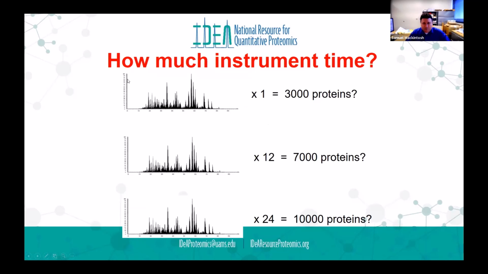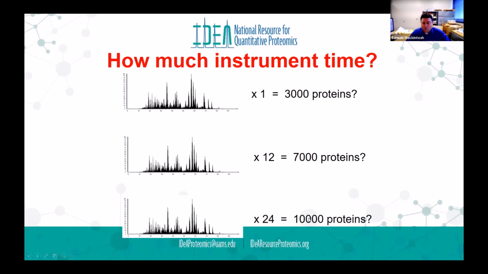So how much instrument time do you need? In an hour, on the newest mass spectrometers, you can identify 2,500 to 3,000 proteins. In 12 hours, you can get up to 5,000 to 7,000 proteins. In 24 to 36 hours, you can get to 8,000 or 10,000 plus. So it's kind of diminishing returns, and this tends to get very expensive if you go out this far.